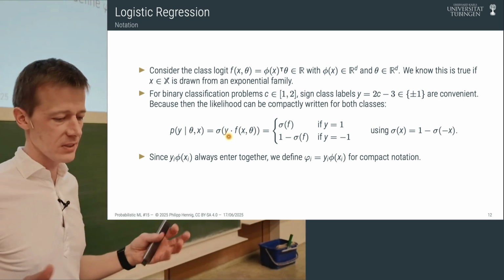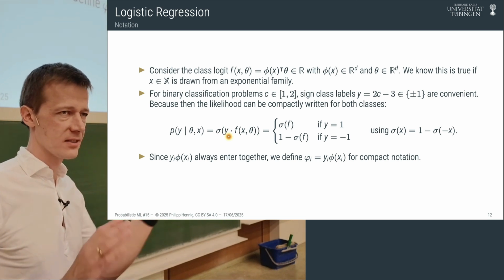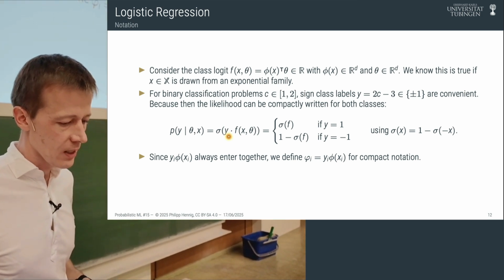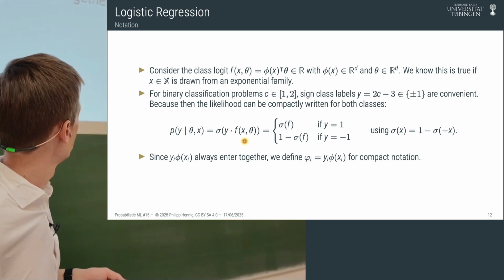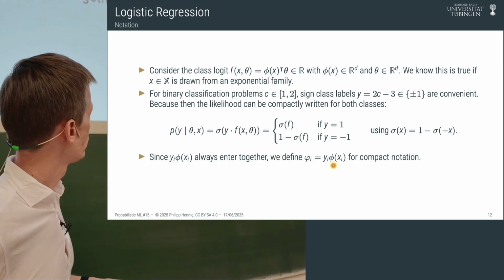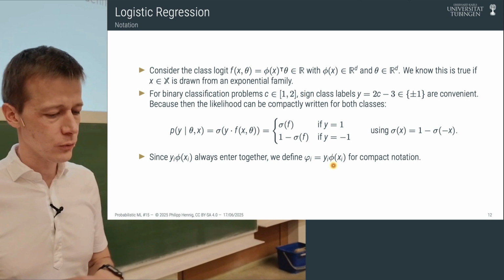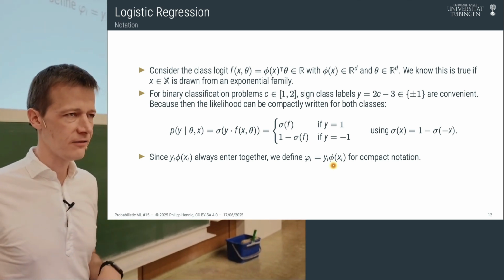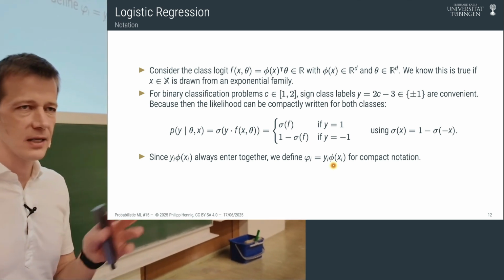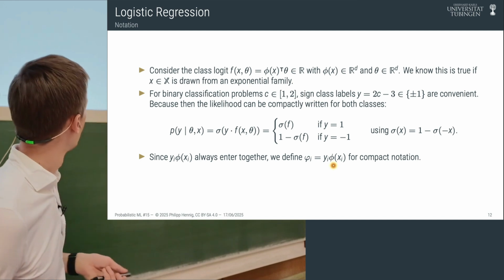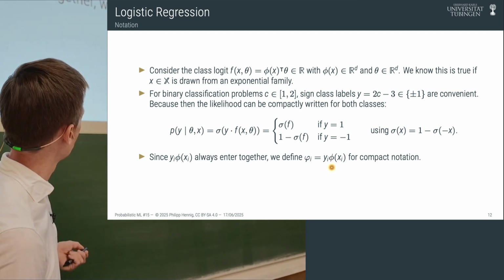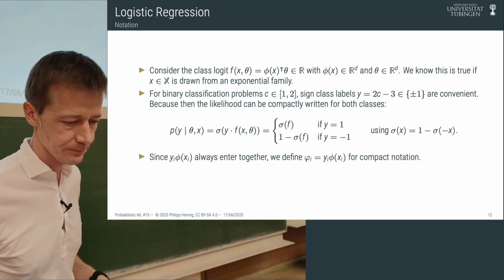So this takes care of both cases, sigma and 1 minus sigma, in one go. And to make notation easier over the next few slides, I'm going to combine feature and label into a symbol var phi, the other phi Greek character, so that I don't constantly have to write y times phi.